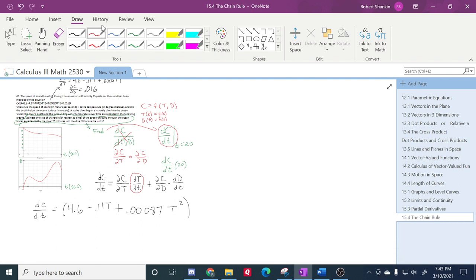I'm going to have to evaluate this at t equals 20, and then everything over here is going to get evaluated at t equals 20. So what are the cap T's going to be replaced with when little t is 20?